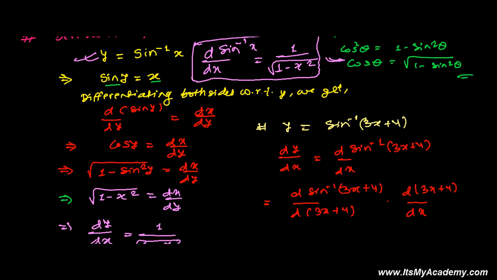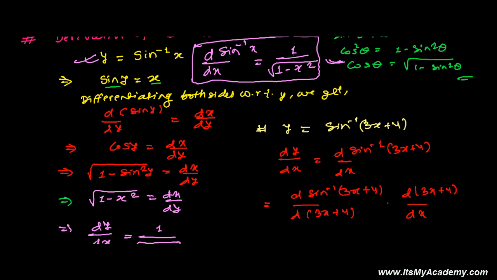Now see here, we know that the derivative of sine inverse x is 1 over root of 1 minus x squared when the angle is x. When the angle is something different, like 3x plus 4, just this x will change. So I can write here 1 over root of 1 minus (3x plus 4) whole squared, and the derivative of 3x plus 4 will be 3, right? Just 3. So I'm writing that 3 here.